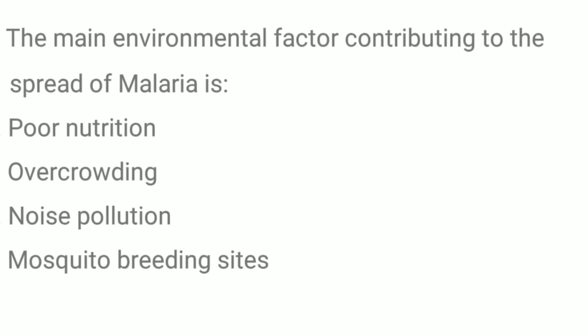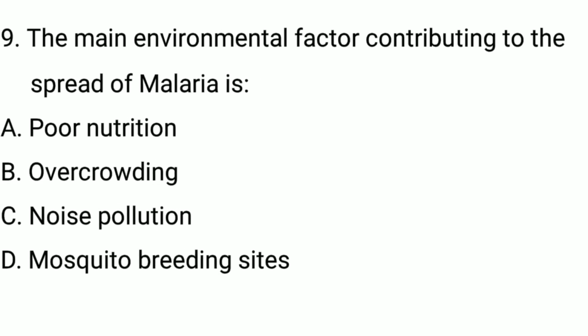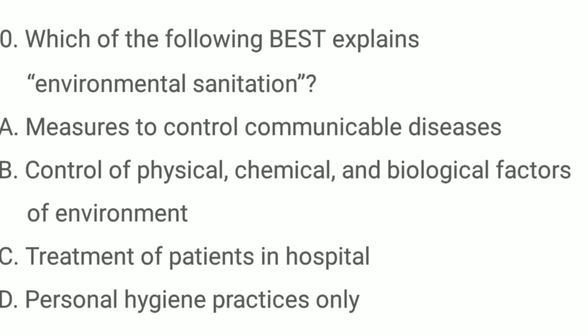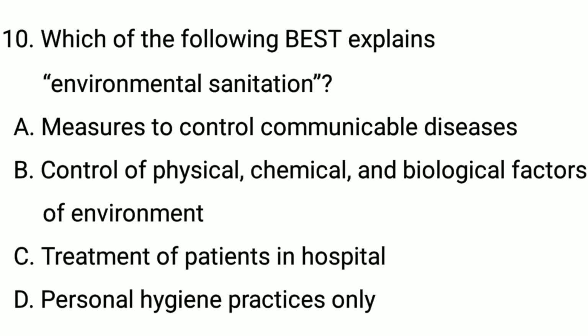Question number 9. The main environmental factor contributing to the spread of malaria is. The right option is option D, mosquito breeding sites. Question number 10. Which of the following best explains environmental sanitation?